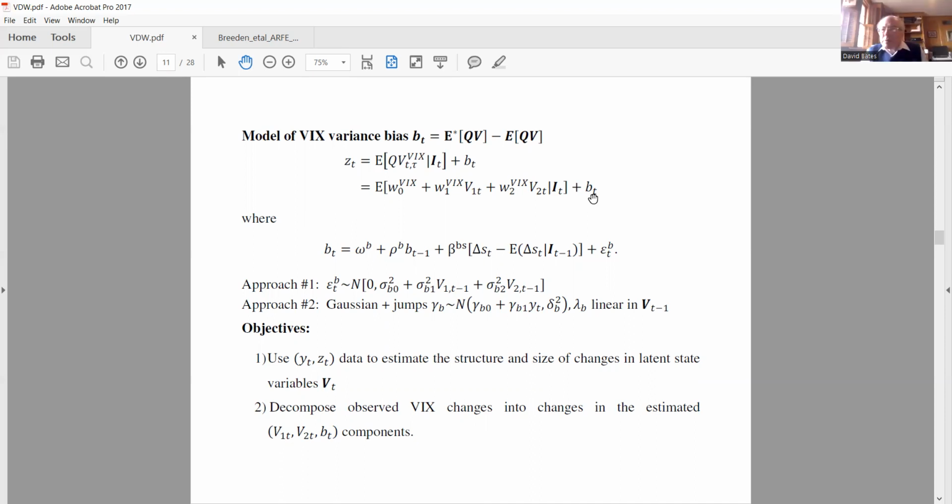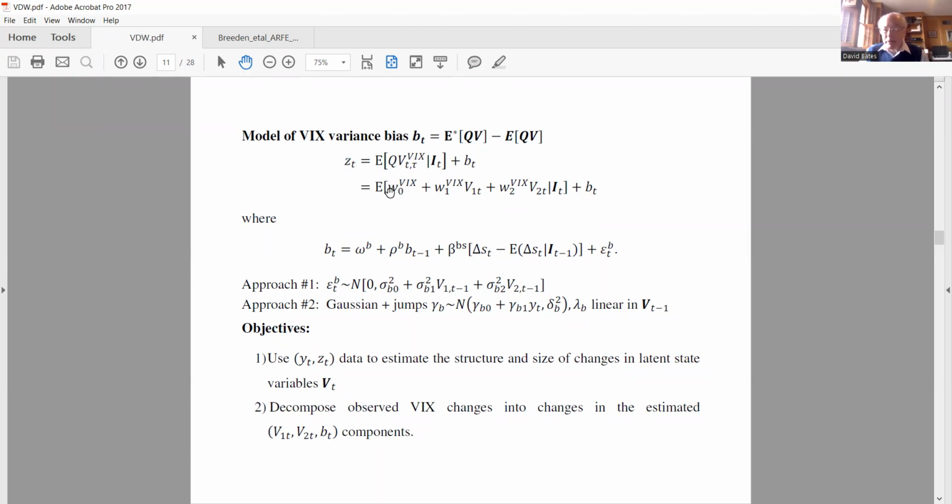So I am not explicitly modeling what this bias should be. I could do that. In a sense, I sort of did that with those option results at the very end, where I did an explicit change of measure to go from the actual to the risk neutral. But the bias is really just a statistical property. I observe the VIX.